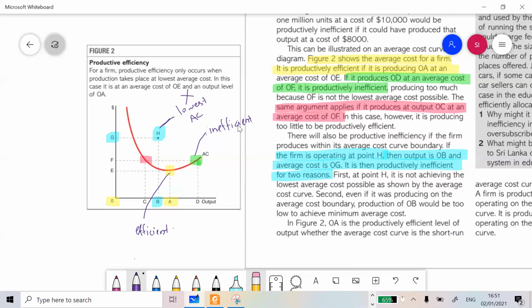Productive efficiency, which is at 0A and at a cost of 0E, 0A of output with 0E of average cost, whereas there is inefficiency in the green part, where the organization is producing at 0D of output, whereas the cost is 0F, which is higher than the efficient point.